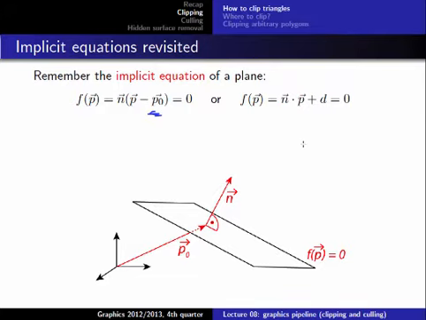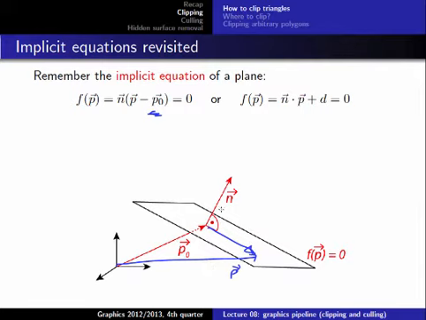It's named implicit because we cannot explicitly calculate the points on the plane, but we can use it to verify if a point is on the plane. If we have a point P and put it in the equation, we get this vector P minus P0, which points in this direction.